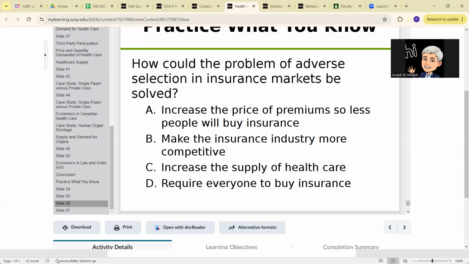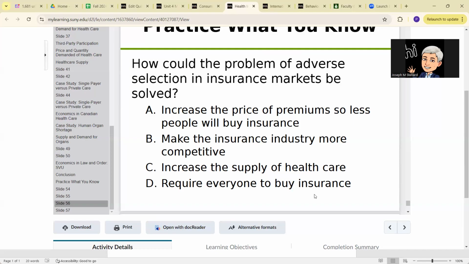Let's say that a typical person has a 2% chance of a bad thing happening to them this year, and the insurance is priced based upon an expectation that a person buying insurance is at 2%. Someone who has a 5% chance of that bad thing happening will see that buying the insurance is a bargain, and they will seek it out and pay for the insurance, even if it's expensive.